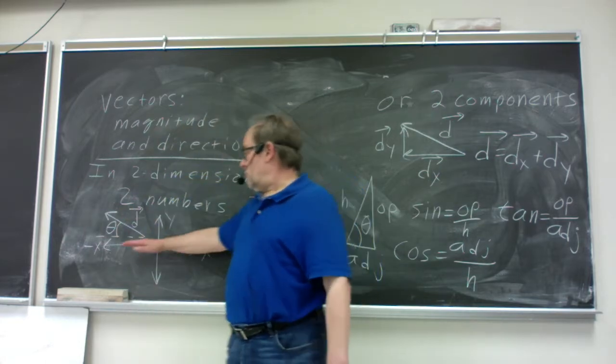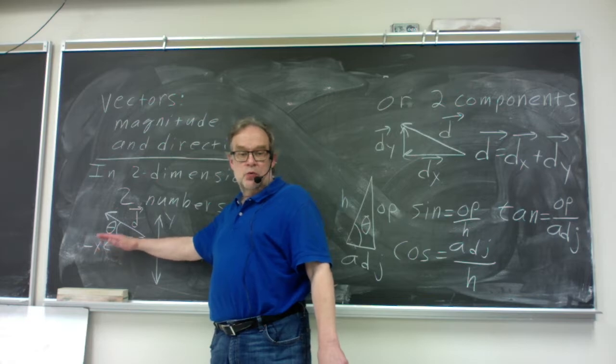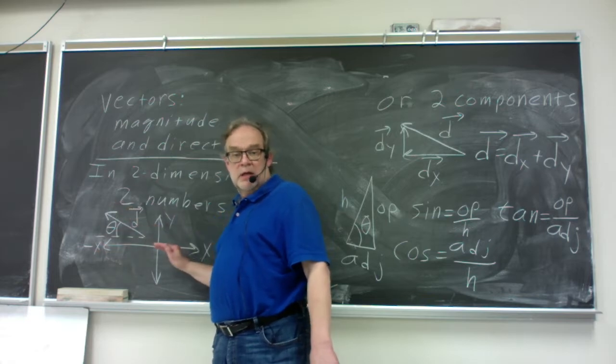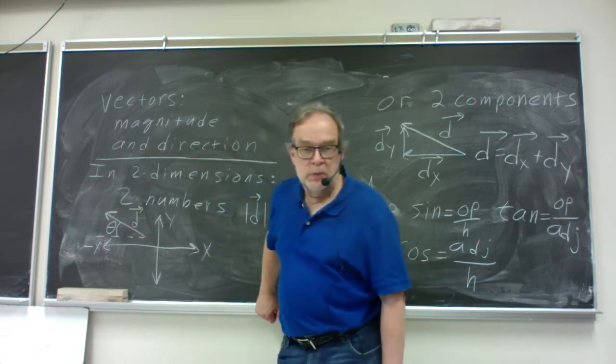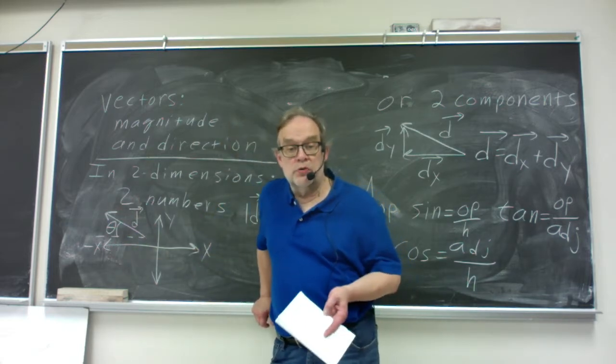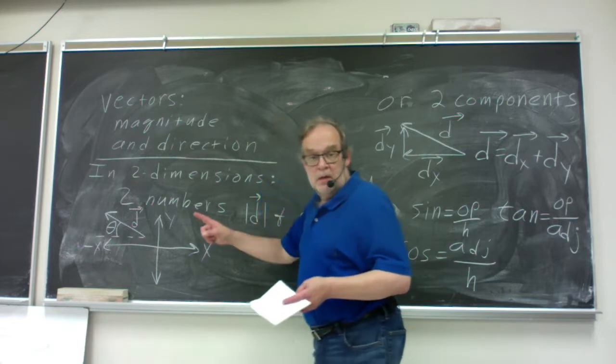That is, if you're looking along the negative x-axis, then rotate clockwise 30 degrees, and you'll be pointing in the direction of displacement vector d.